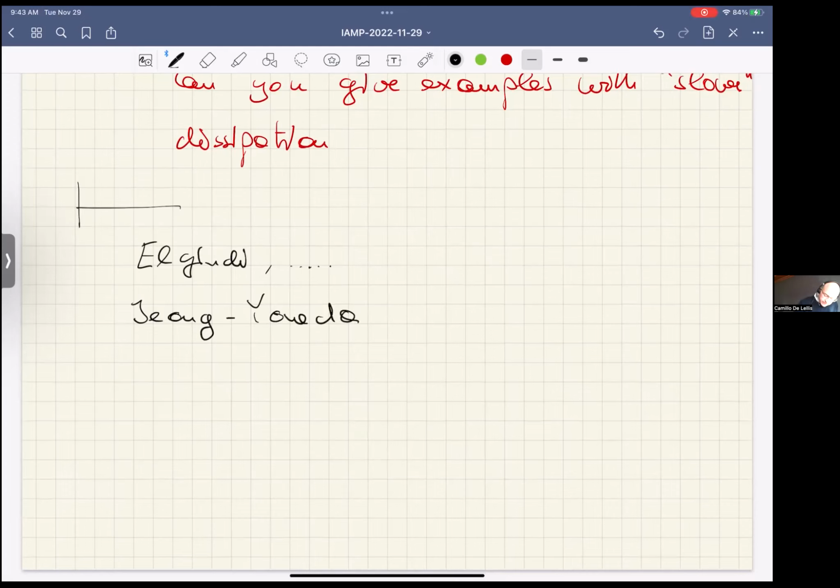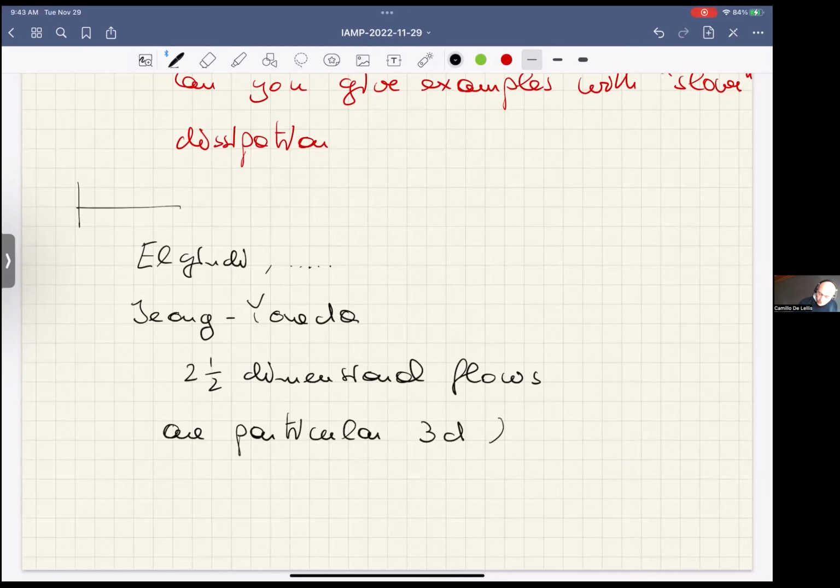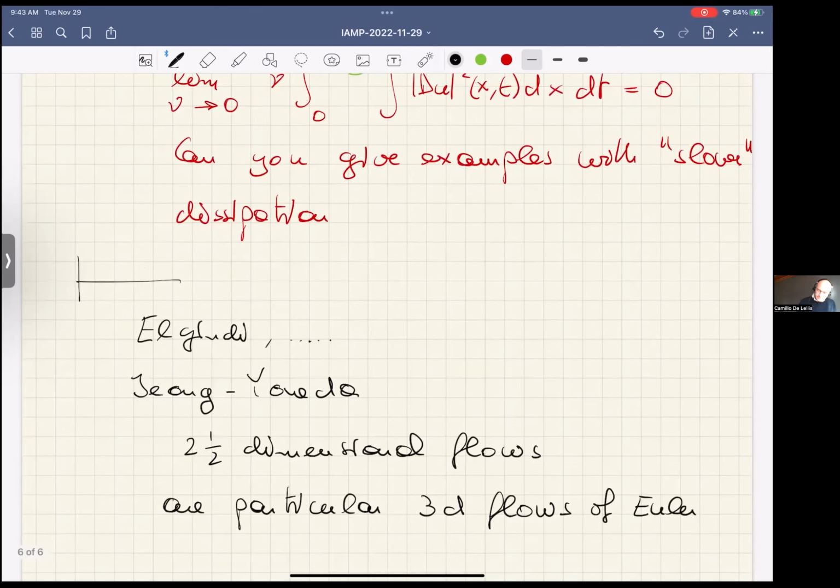Okay, so here's the idea. There are so-called 2.5 dimensional flows. 2.5 dimensional flows are particular 3D flows of Euler. I'm just going to look at Euler, which satisfy the following structural condition.